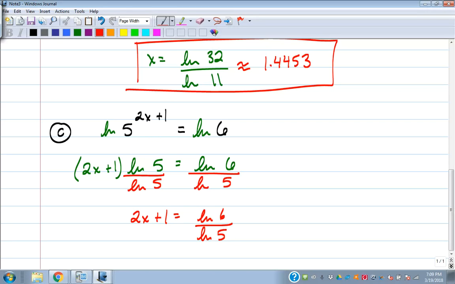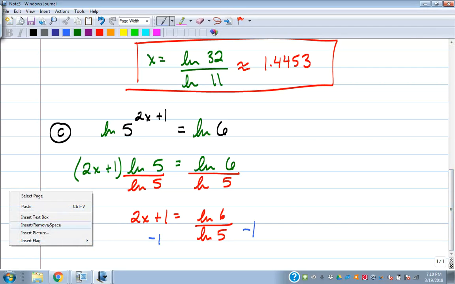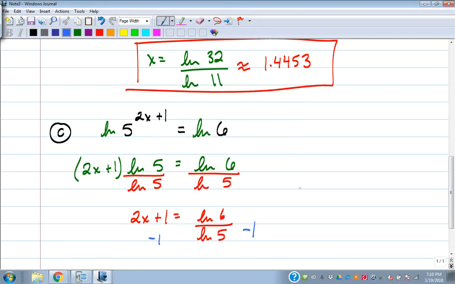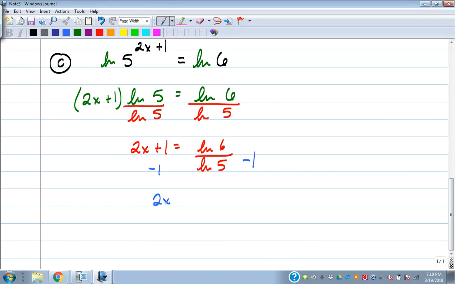This little ugly thing right here, that's a number. It's not a pretty number. It's a big long decimal that we couldn't write all the digits to. We're just going to leave it as that fraction right now. How do I get x by itself over here? Subtract 1 first. So that's going to give me 2x is equal to natural log of 6 divided by natural log of 5 minus 1.